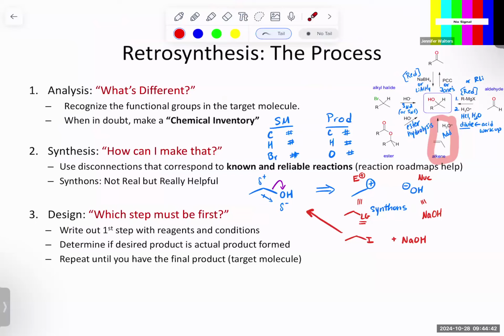Most of them will be multi-step, meaning they have more than one step. So then the question becomes, which step must be first? What you want to do is write out the reagents and the conditions, and then essentially guess and check. If you do this step first, determine if the desired product is the actual product formed. If it's not, change the steps.